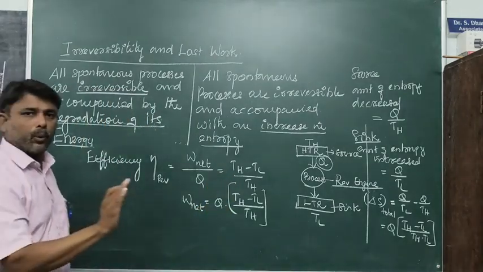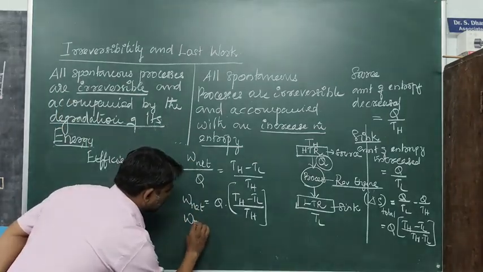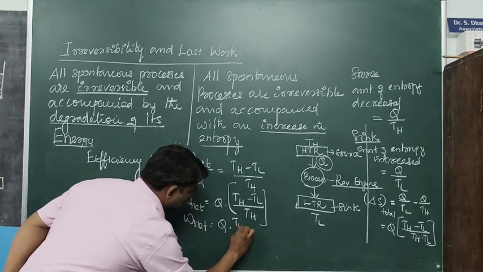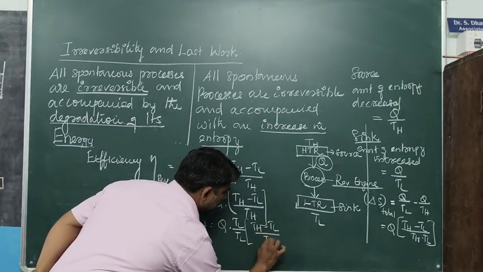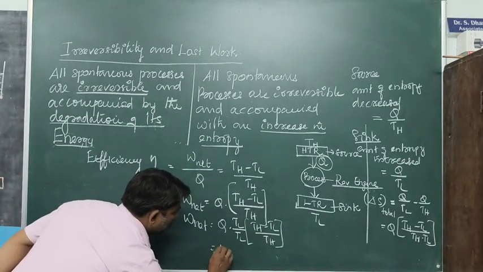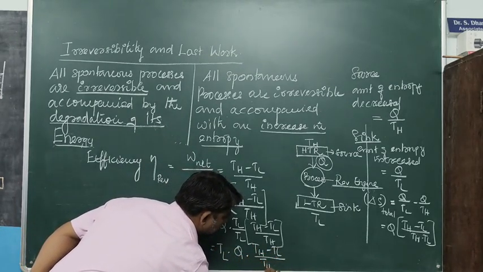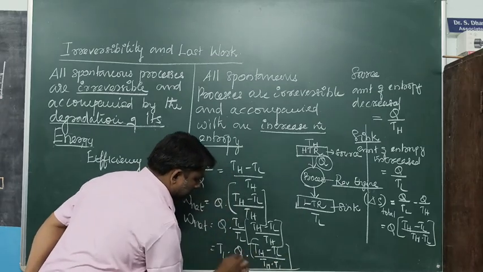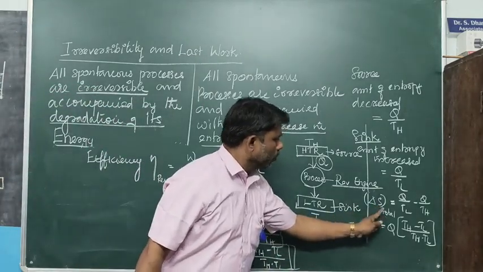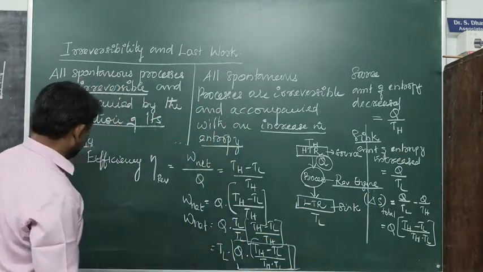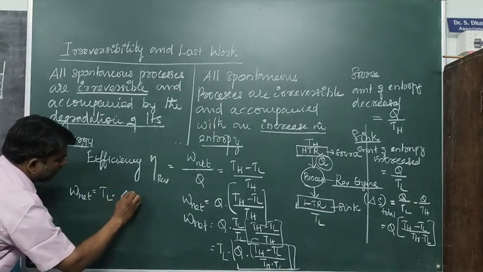For simplification, I am going to multiply and divide by the low thermal reservoir temperature TL. So net work is equal to TL into Q into (TH minus TL) divided by (TH into TL). What is this? This is the total entropy change. Hence, I rewrite this equation as net work equals TL into total entropy change.